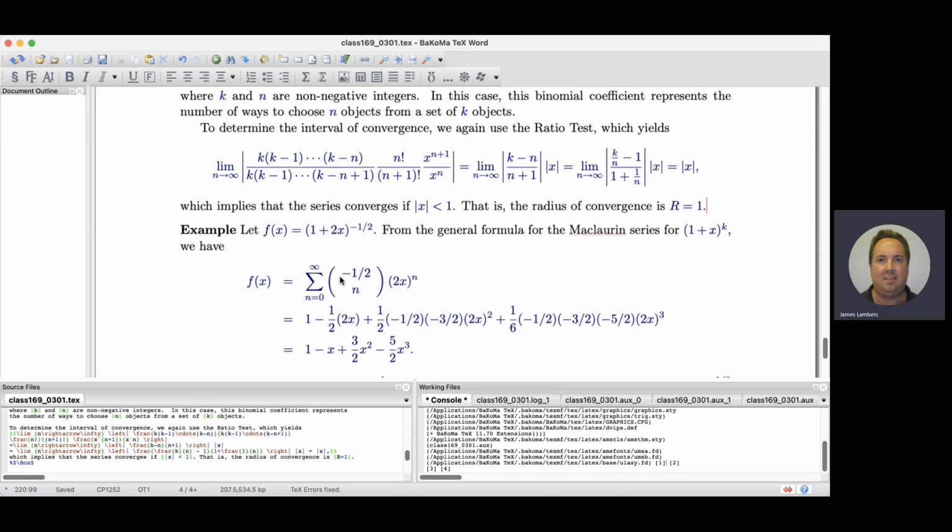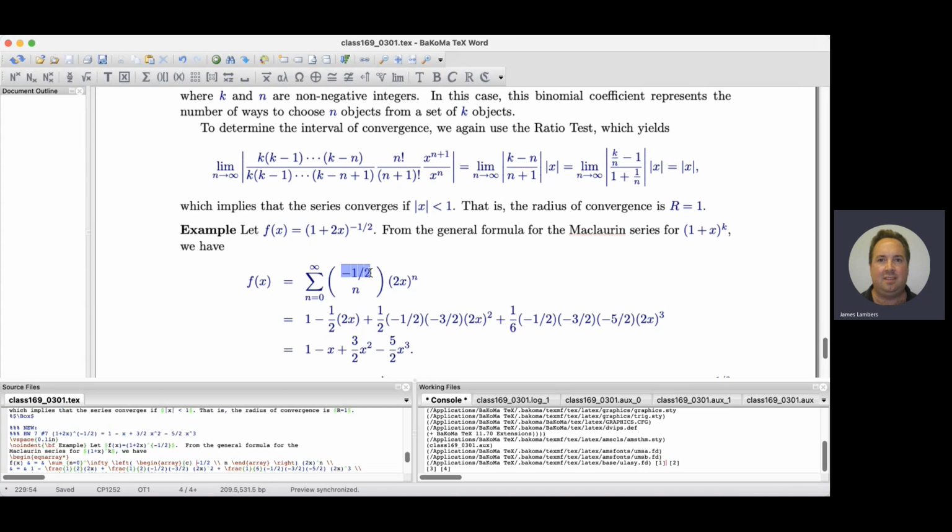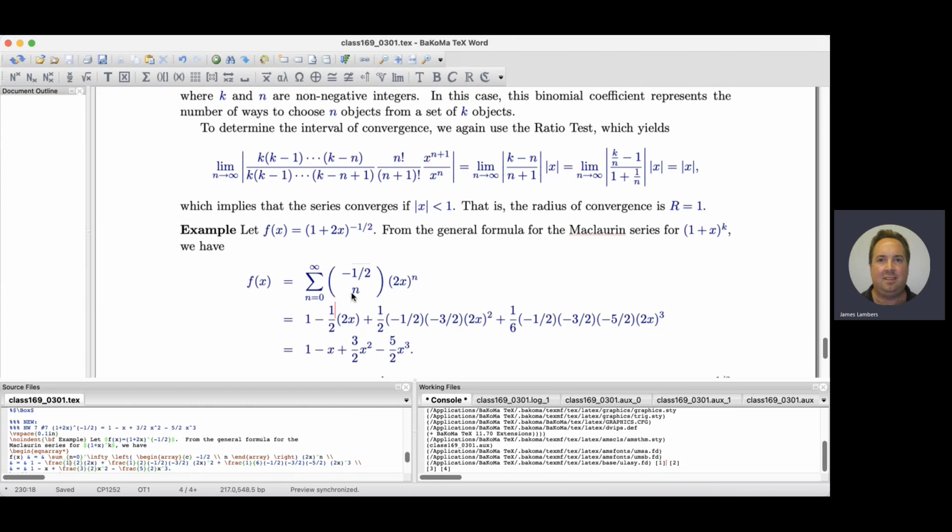So for the first term, when n equals 0, I'm just going to get 1. When n is equal to 1, I'm just going to have whatever the top number is, so minus 1/2. For n equal 2, I'll have this number, minus 1/2, times this number minus 1, so that's minus 3/2. And then all of that's times quantity 2x squared. For the next term, I'll have 1/6 because I have a 1 over n factorial.